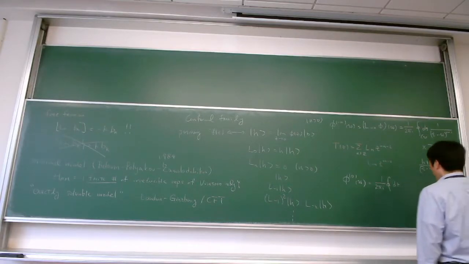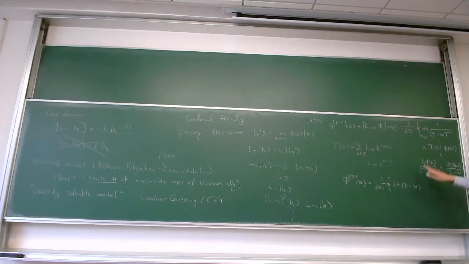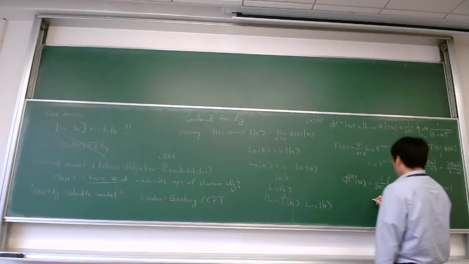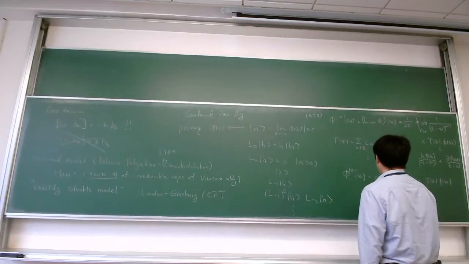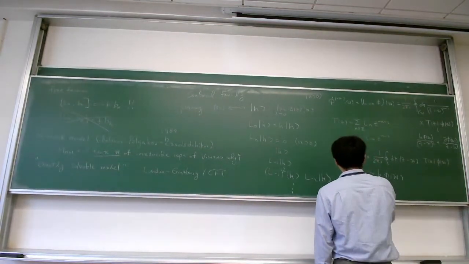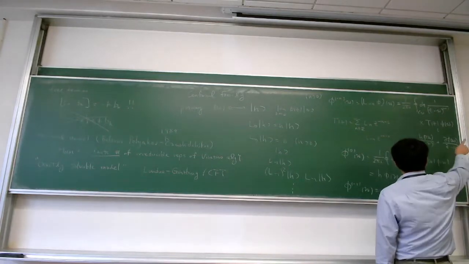Why am I doing a stupid thing? So times this one, T of z, phi of w, and then this one, the contour is around w, and you have 1 over z essentially. You do the contour integral, and you essentially get h phi of w. Okay, sorry. And likewise, if you take L minus 1 of w, you pick this guy.